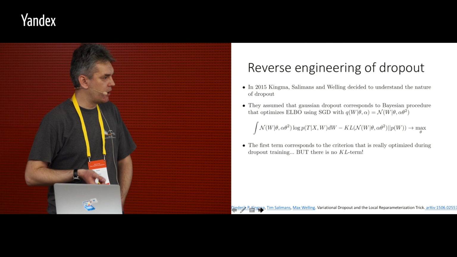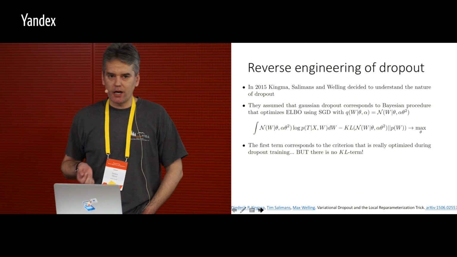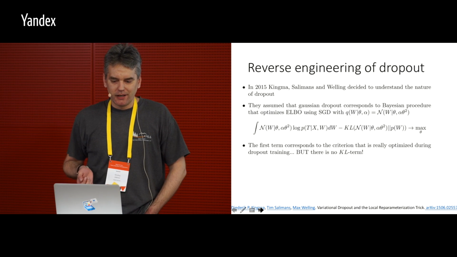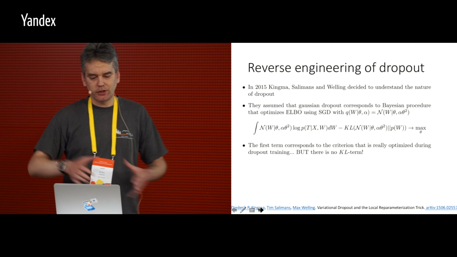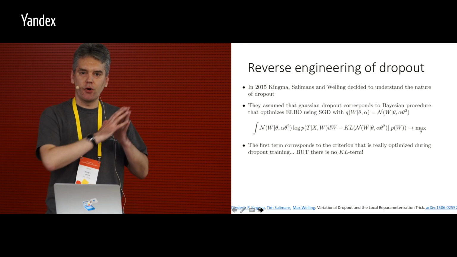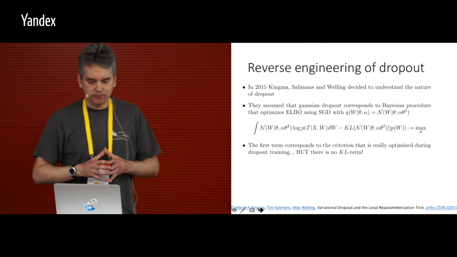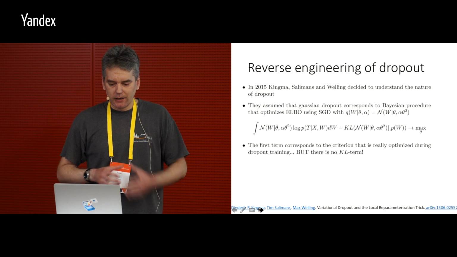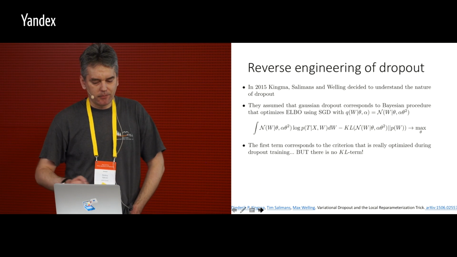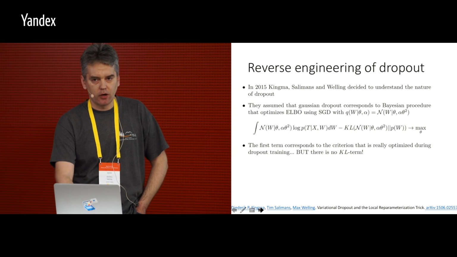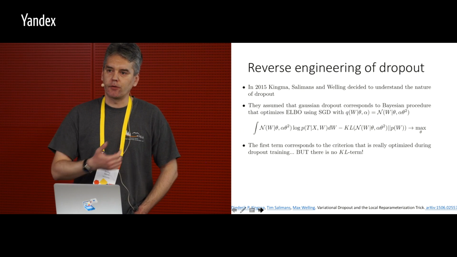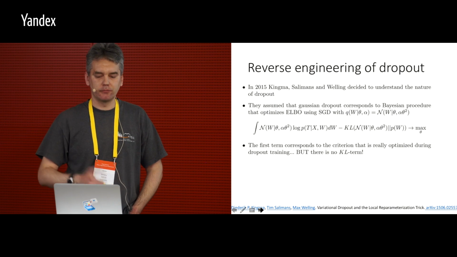About a year and a half ago, Kingma, Salimans, and Welling decided to understand whether this dropout, this noise injection procedure, corresponds to some variational Bayesian inference. So they decided to understand whether we may write down the Gaussian dropout procedure as optimization of some ELBO.